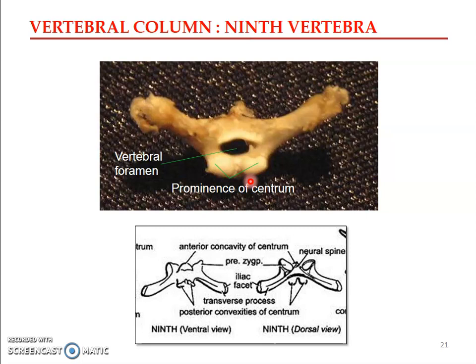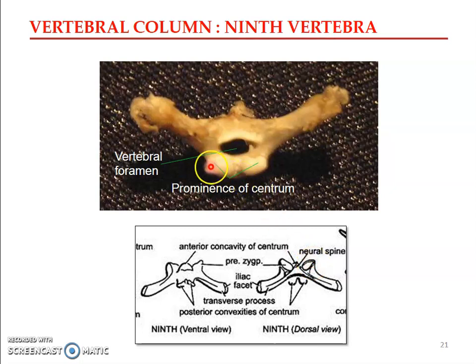The posterior convexities fit into the anterior concavities of the urostyle. Here you can see the centrum on the posterior side has the convexities.